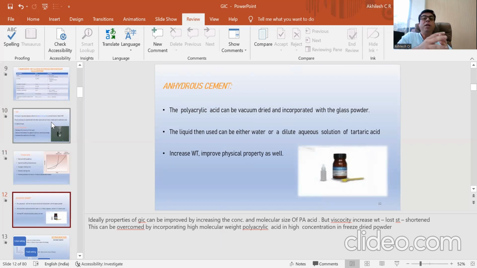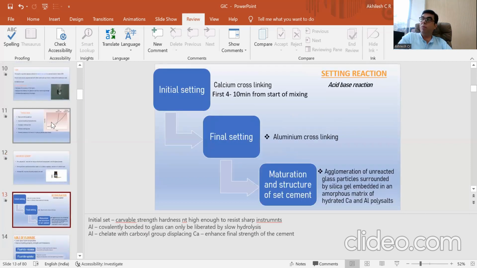So what do we mean by anhydrous cement? Here the liquid part, which is the polyacrylic acid, is vacuum dried and incorporated with the glass powder. How is that vacuum dried? The liquid is freeze-dried and powdered, and that powder is added to the powder already present in the cement, and water is the medium to mix it.